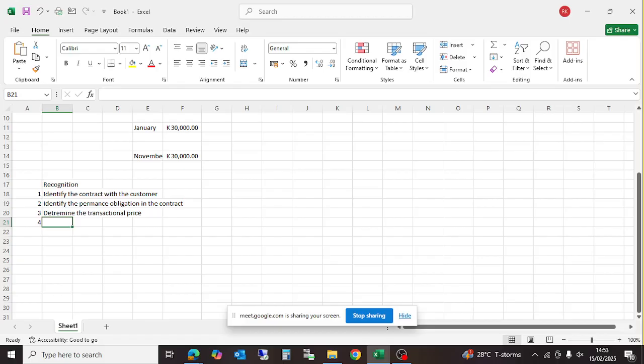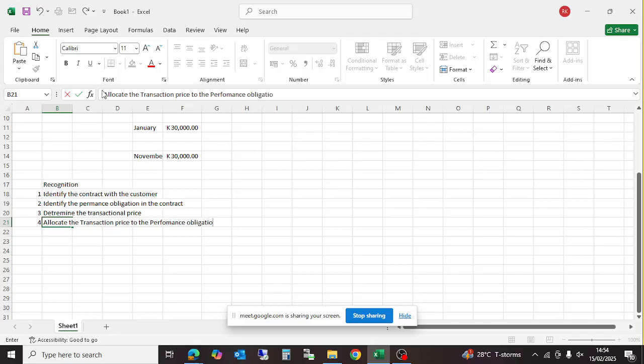What we're going to do is allocate the transaction price to the performance obligation. I'll actually explain these. Let me just write the fifth one as well. Number five, we recognize the revenue now.